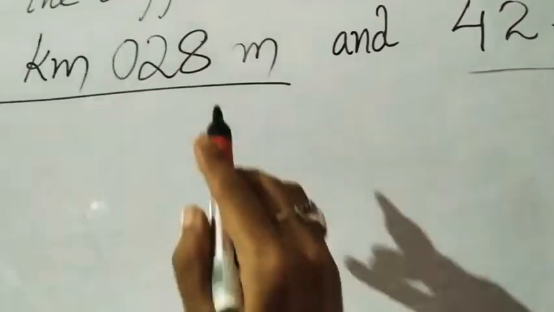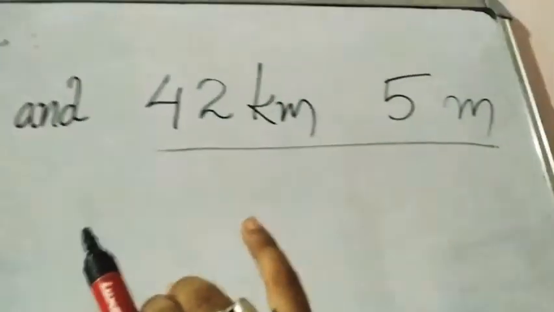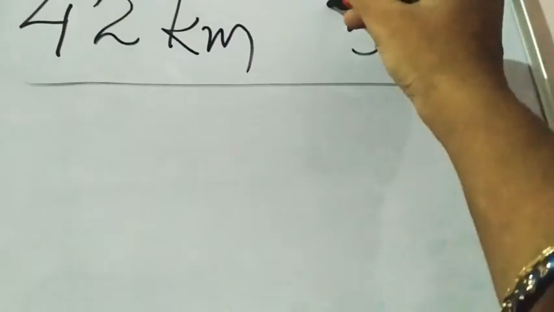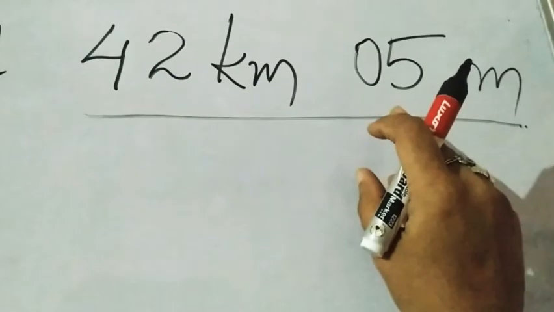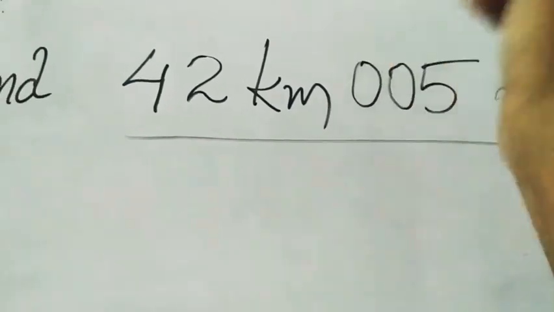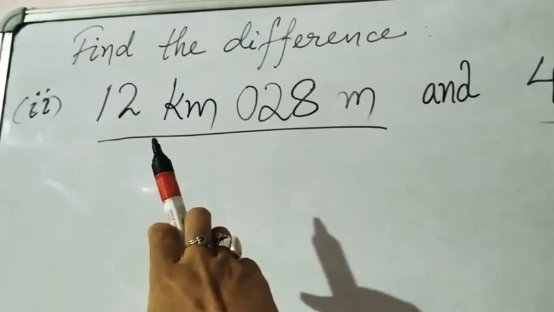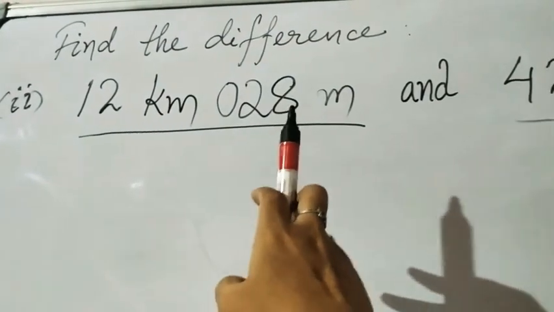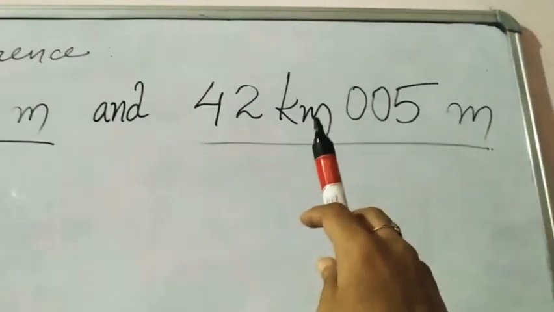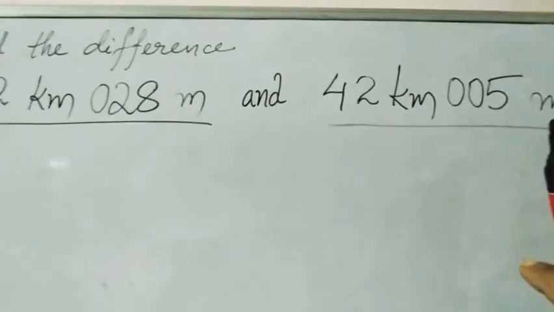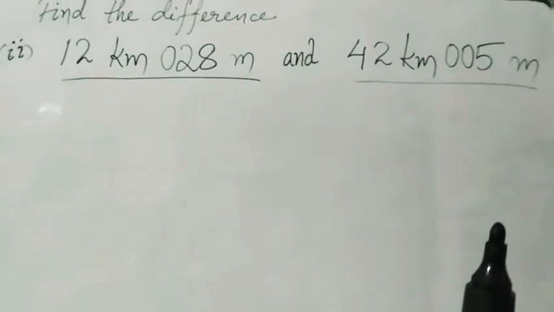Similarly here meter is having 3 places. Here you have only ones place. Put another 0 in tens place, and another 0 in the hundreds place. Now you see 12 kilometer 028 meter and 42 kilometer 005 meter. Now your question is ready.